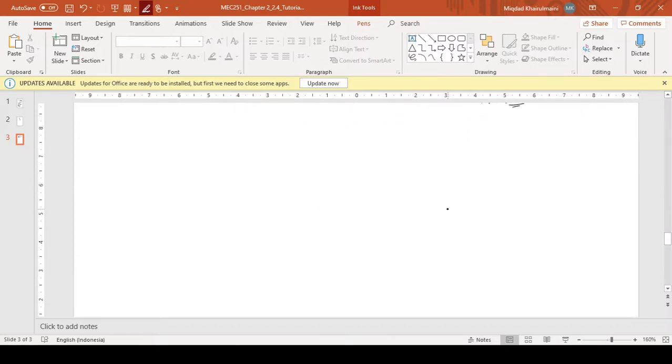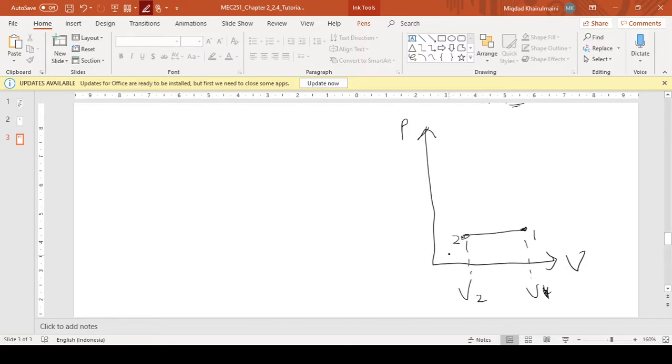For another example, let's say we have a PV diagram here and we look at a compression process. For a compression process, state 1 will be at a higher volume, V1. When we compress, the volume will be reduced. So from state 1, for the isobaric process, this is state 2. The volume has reduced to V2, constant pressure process.